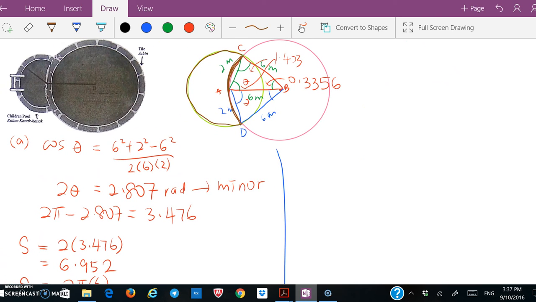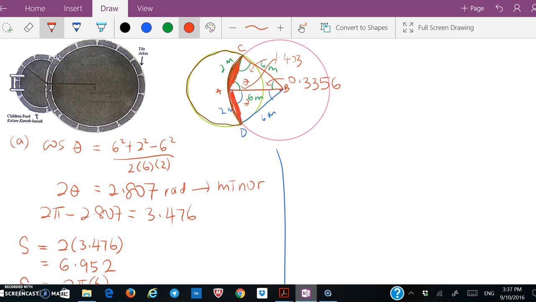Okay, let's see. You have to find the area of the sector subtended by the major angle. Then you have to minus the segment. I will shade this with red to show this is the segment that we have to minus. Okay, so let's find the segment first. The segment actually comes from the area of the sector of the adults' pool minus the triangle of the adults' pool.